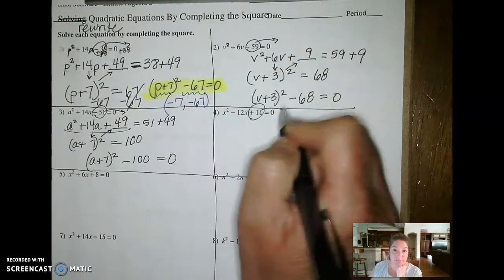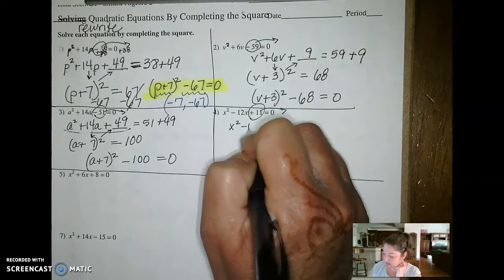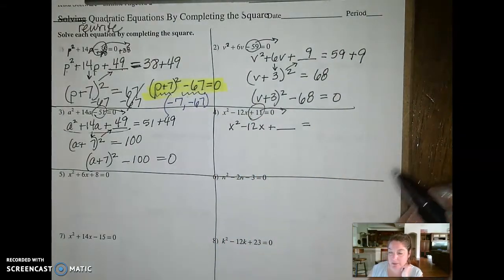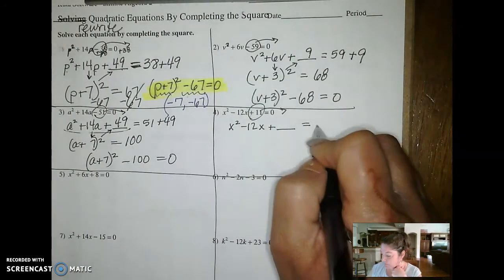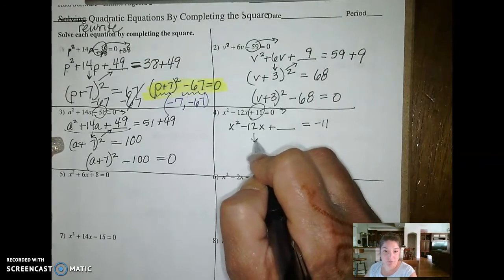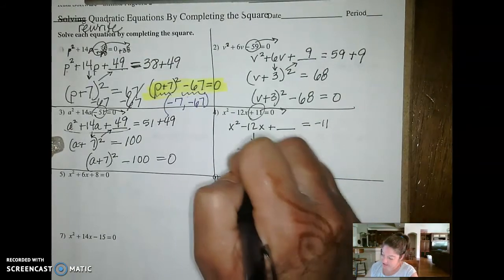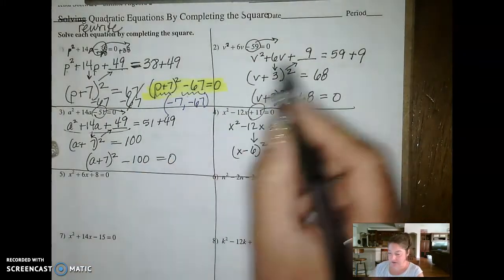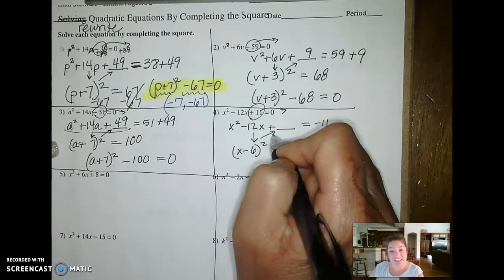Okay, let's go do number 4. 11, wrong number. So x squared minus 12x plus. What is the right number going to be? When my 11 moves over, it's going to be a negative 11. What is half of 12? 6. For those of you that are thinking ahead, it's going to be a minus 6, okay? What is negative 6 squared?